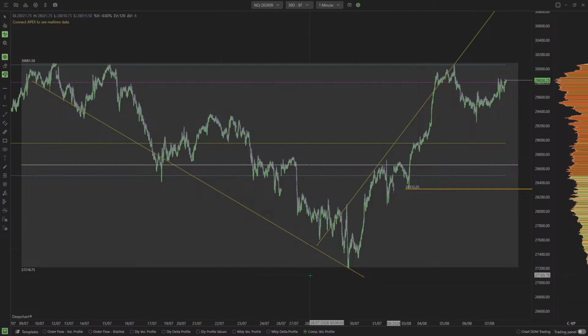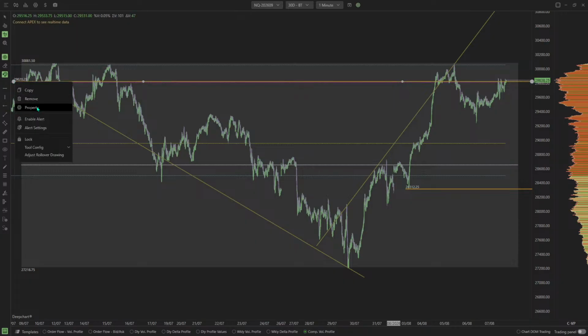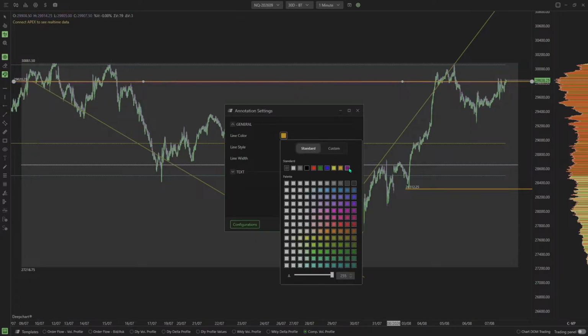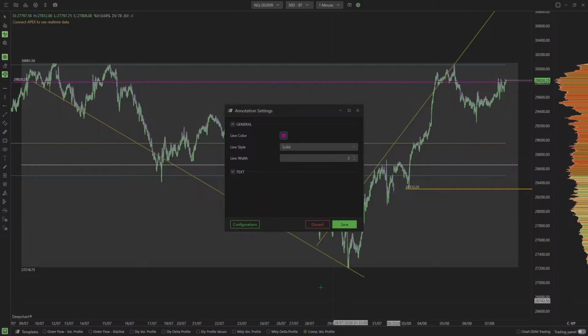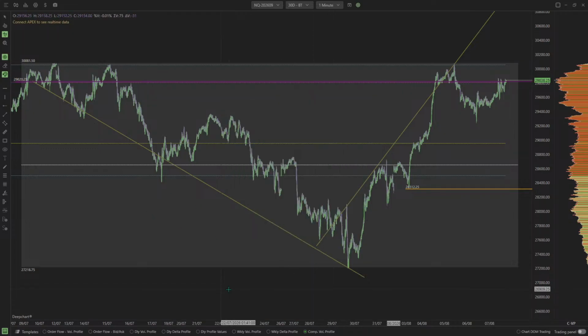Okay, this is pretty interesting, right? This is a composite profile for the 30 days. Point of control is way up here. That's where most of the volume has been traded over the last 30 days.